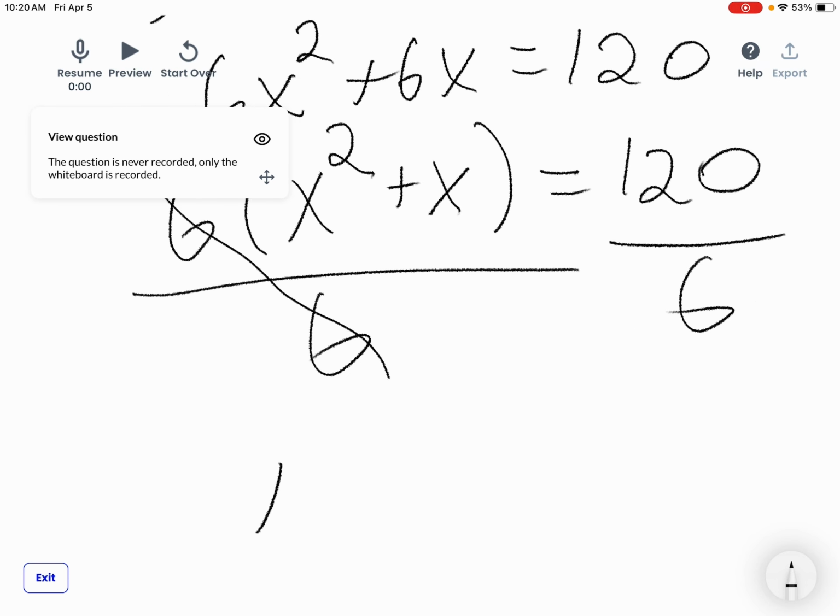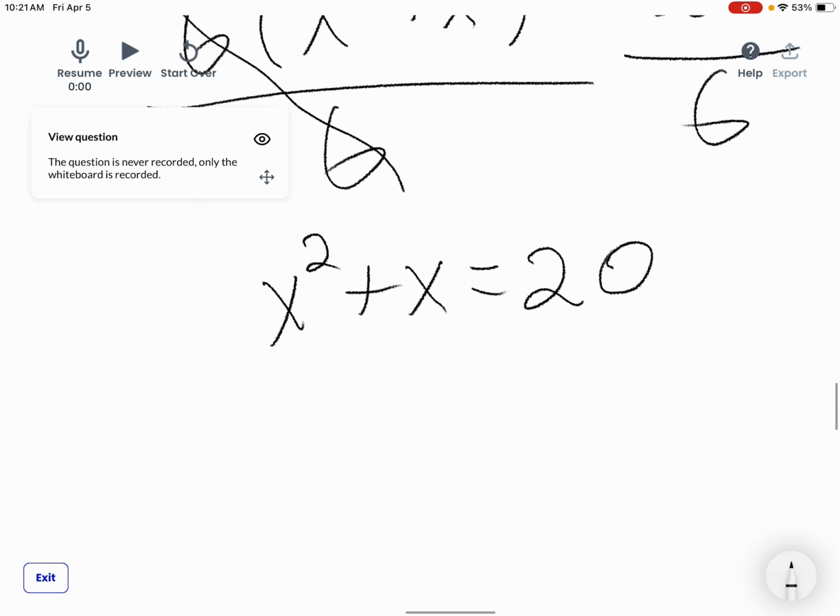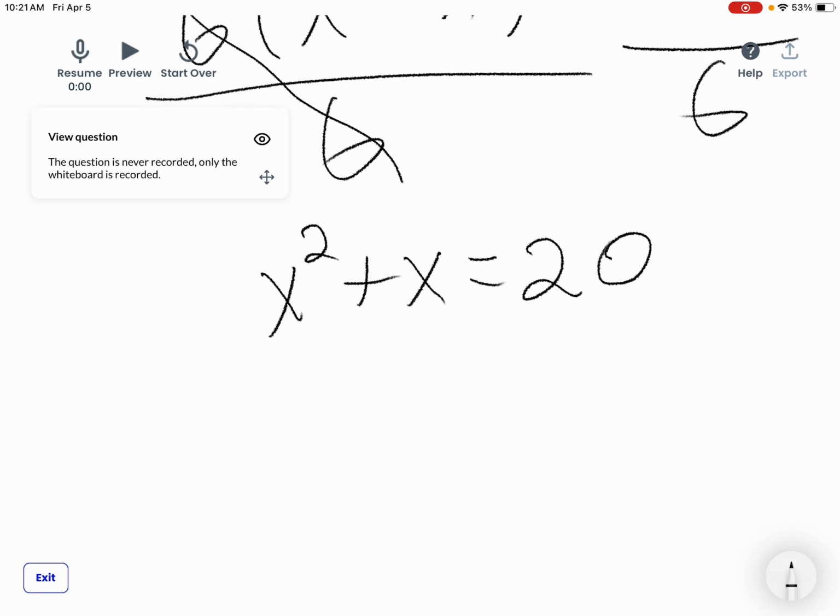So we just get x squared plus x is equal to 20. Now we have a quadratic. We can set our quadratic equal to 0 by subtracting 20 from both sides, and we get x squared plus x minus 20 is equal to 0.